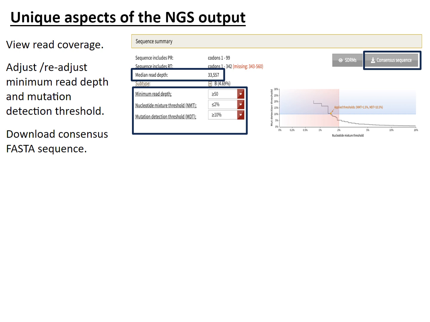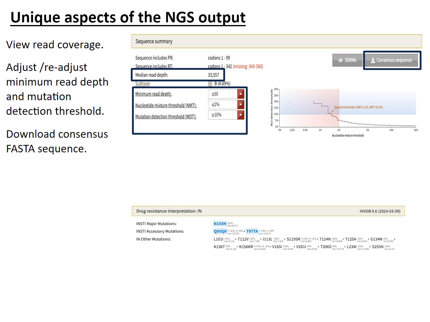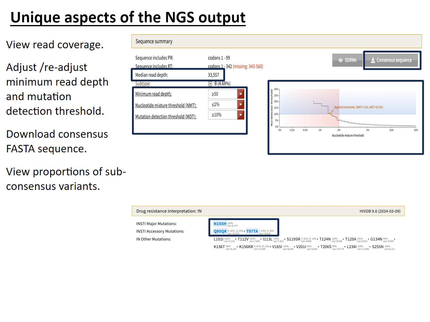At any time, the final consensus sequence can be downloaded in FASTA format. The output also indicates the read coverage at each position and the proportion of reads for each mutation. Finally, this part of the output can be used to help select a sound mutation detection threshold.